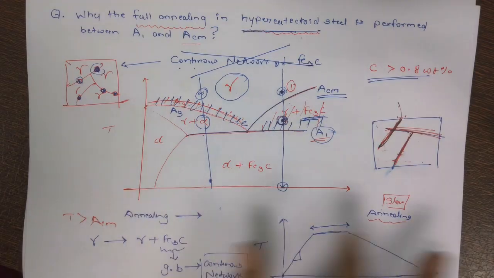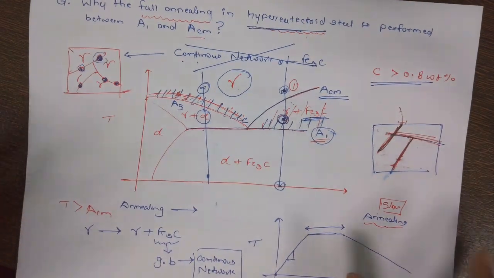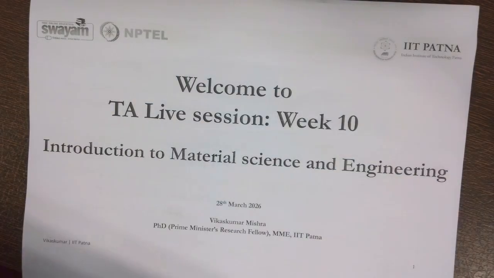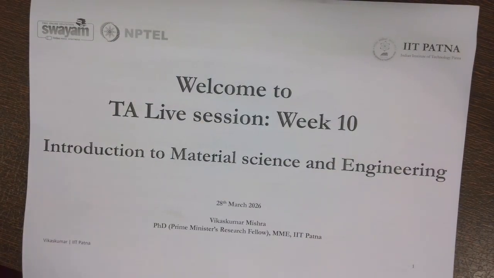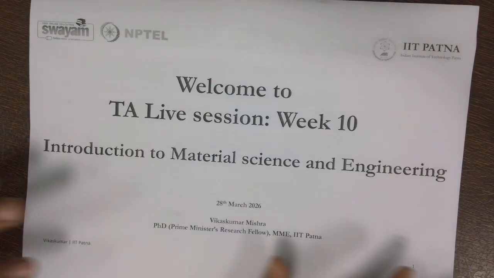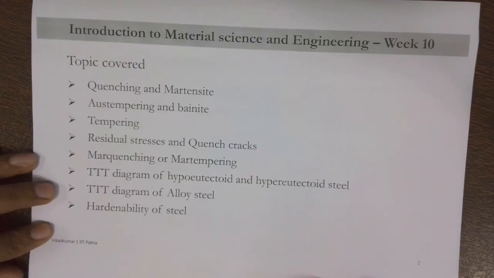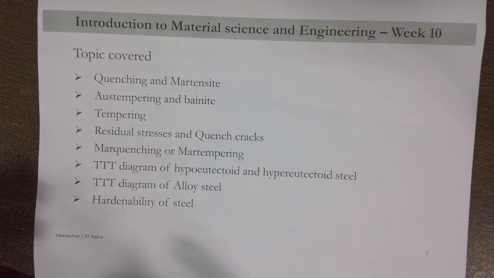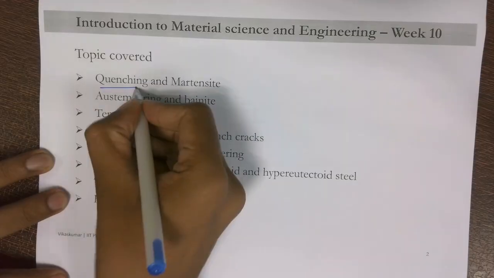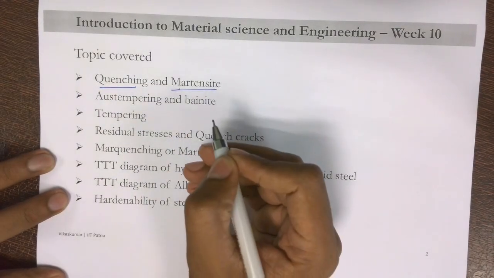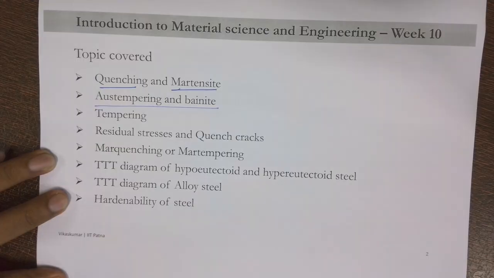Okay, great. Since it's clear, now we can go ahead with our week 10 discussion. Let's see the list of concepts covered in week 10. We discussed quenching and martensite, austempering and bainite. Austempering will form bainite.